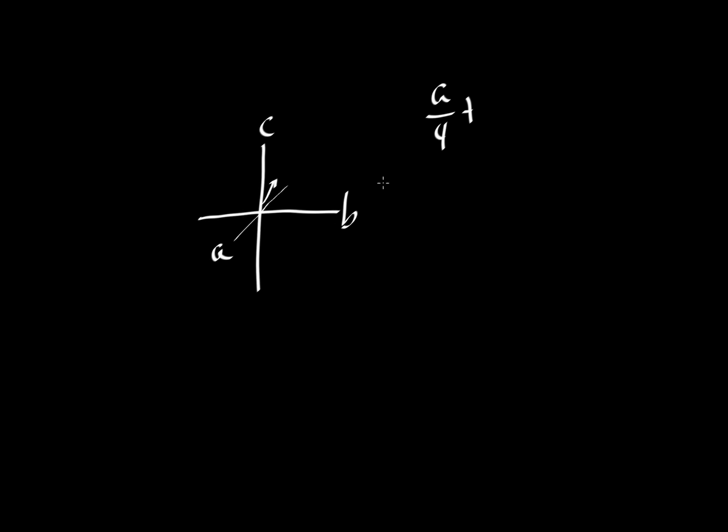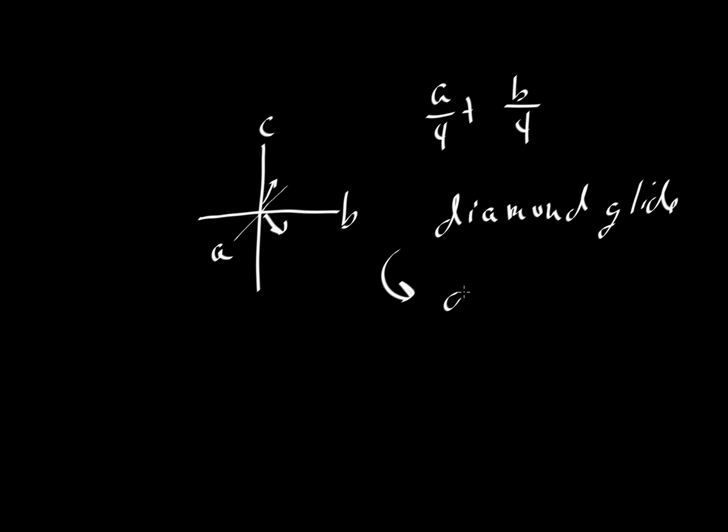We could do something else here. Maybe it could be moving in the ab plane, but we can only go 1/4 of the distance relative to our unit cell. So it's a 1/4 plus b 1/4, and this would be a diamond glide. And we can move this 1/4 distance within any of the planes, the ab plane, the ac plane, etc. These would be designated as the letter d for diamond glide.